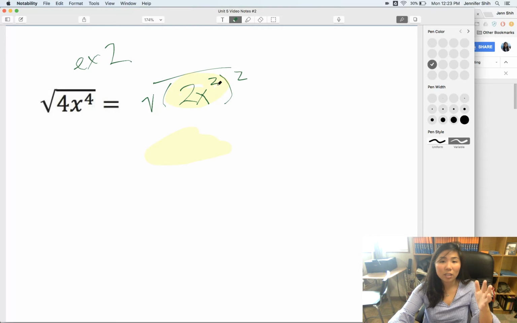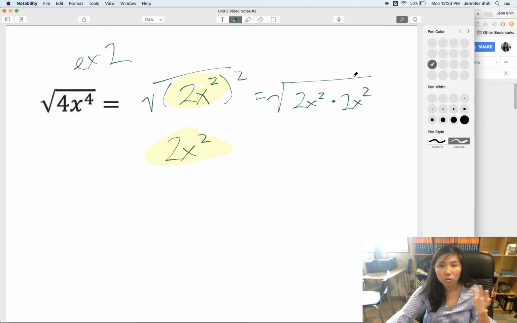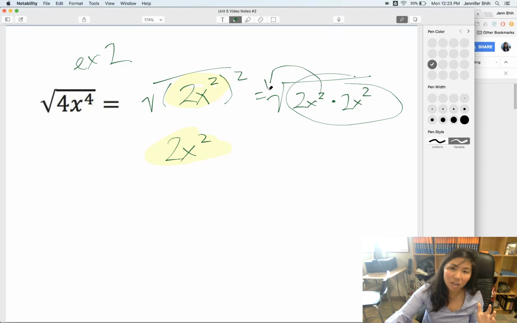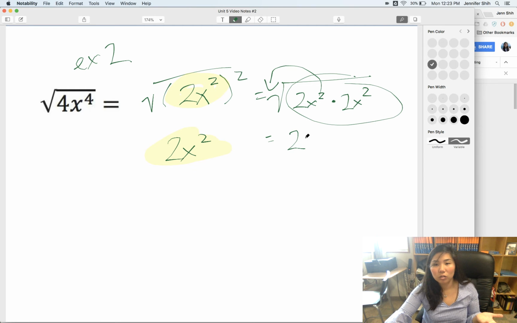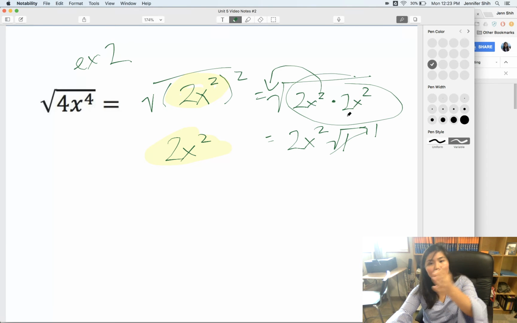So whatever is on the inside here can be released from the radical as well. Another way to think of it, which I think is more commonly shown, is this: there are 2 of these, so you circle it and bring it outside the radical. You're left with 2x squared, the square root of 1, and that just goes to 1. So you might be more familiar with this, where you write it out multiple times and take it out of the radical. That's fine too.